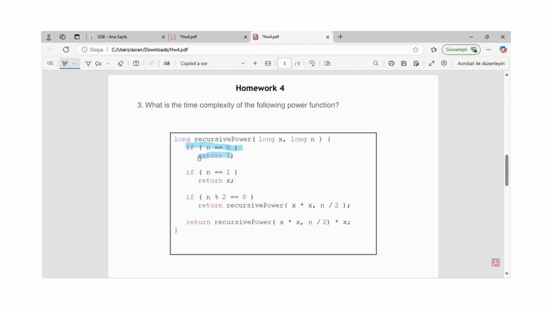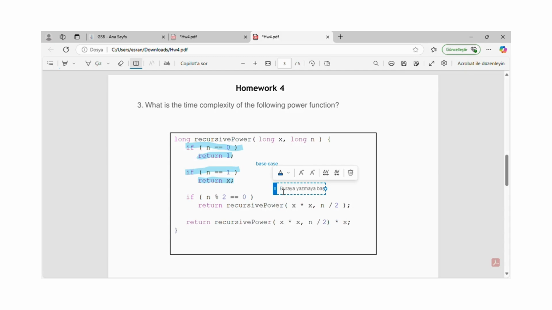When n is 0, it returns 1. When n is 1, it returns x. Then, if n is even, we calculate power like this, and if n is odd, like this.